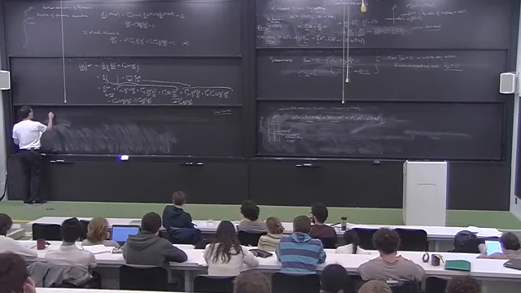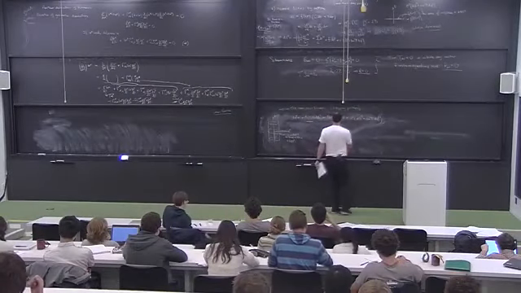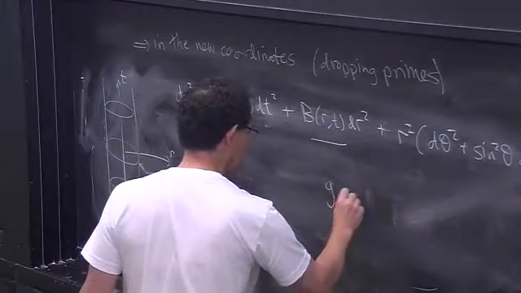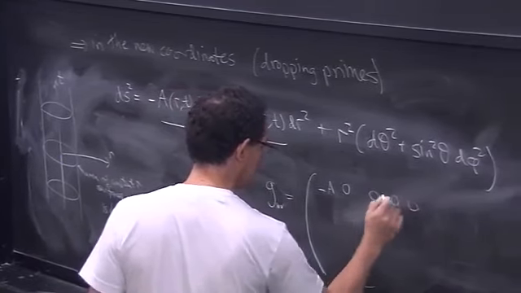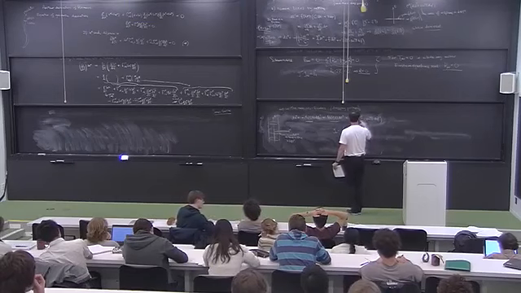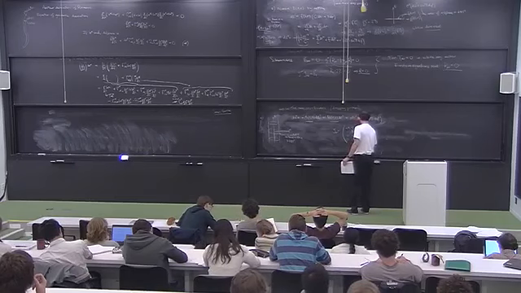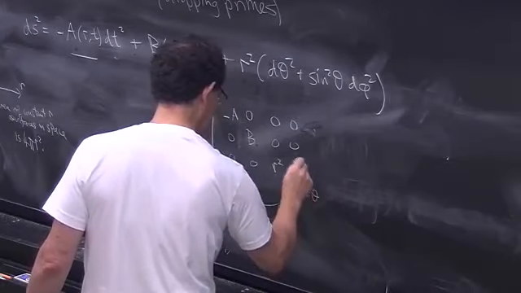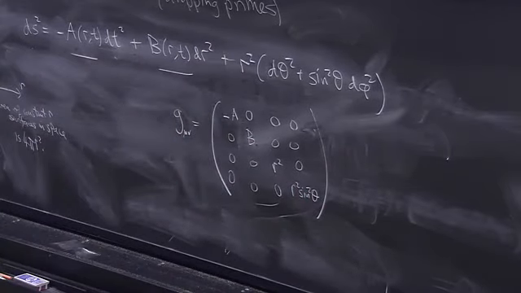Okay? So for this metric, here we obviously have g mu nu is a 4 by 4 matrix: minus a, 0, 0, 0, not so many zeros, b, 0, 0, 0, 1, 0. Actually, no, this is r squared. This is r squared sine squared theta, 0, 0. So here's my 4 by 4 matrix, which is g.